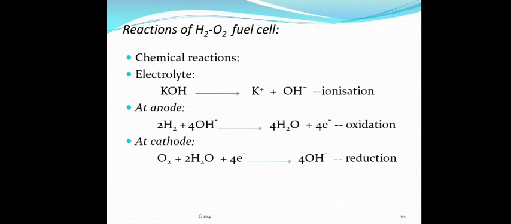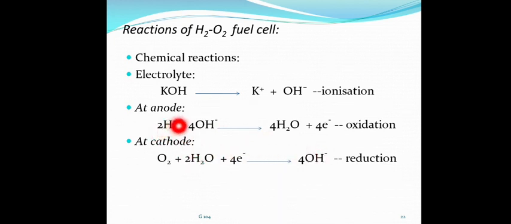So here you see the OH minus ions that are utilized by the hydrogen for oxidation are again regained in the reduction. So the KOH concentration remains the same, is it not? It is losing OH minus at the anode and again gaining the OH minus ions.